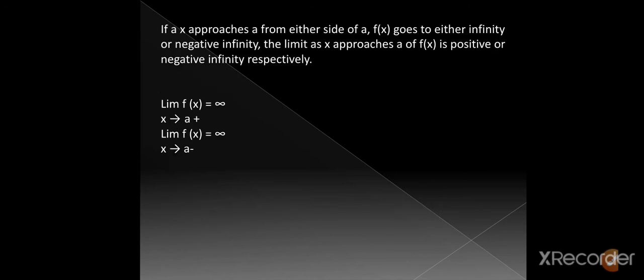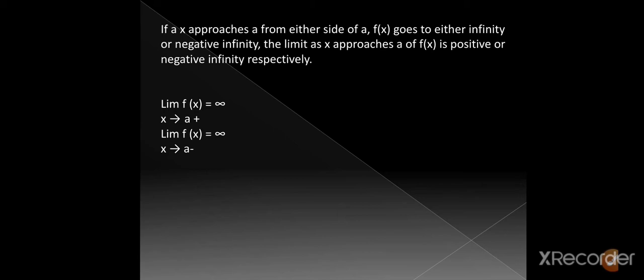So if x approaches a from either side of a, f of x goes to either infinity or negative infinity. So the limit as x approaches a of f of x is positive or negative infinity respectively. So the limit as x approaches a from the right of the function f of x is equal to infinity.